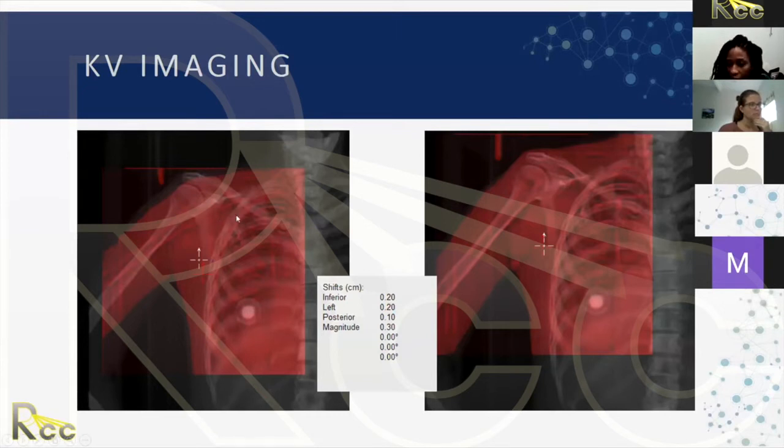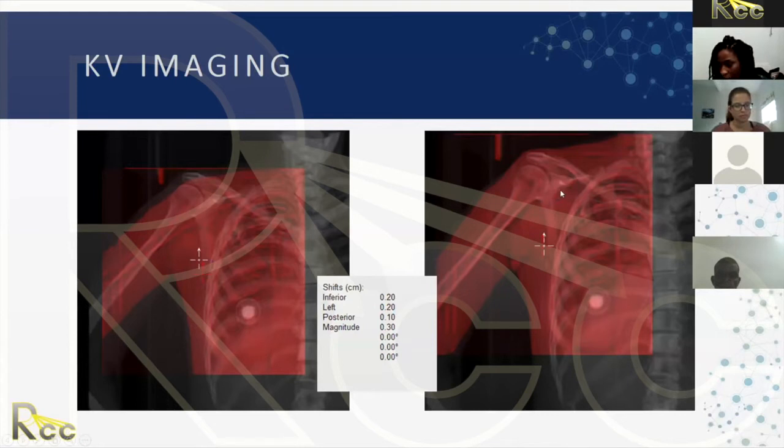You can right away see that even though we think we've positioned the patient appropriately, and we think the arm is in the right position, looking at the red overlay, the arm is in a completely different position than where we set her up. So we want to make some shifts and realign this patient to get her to be in the right position.